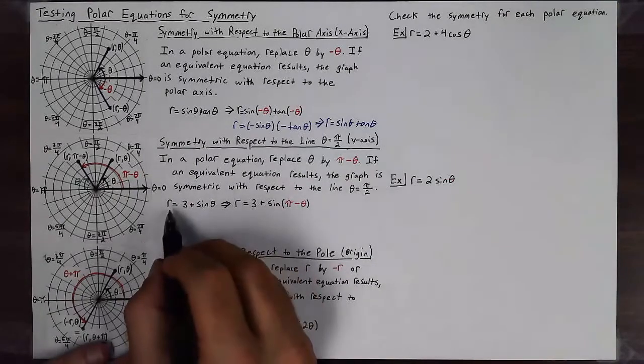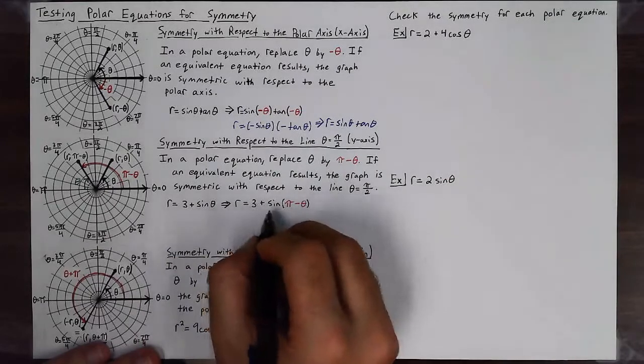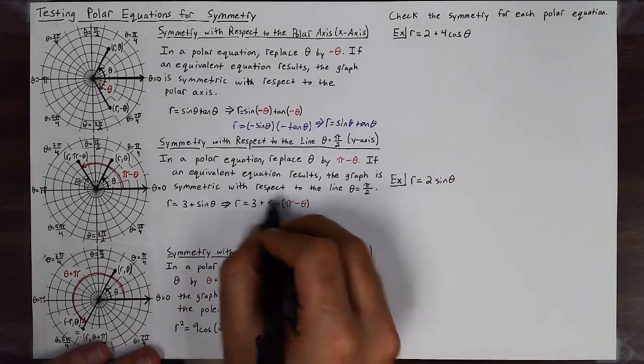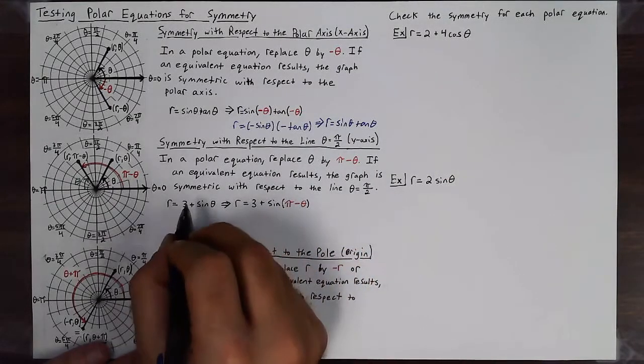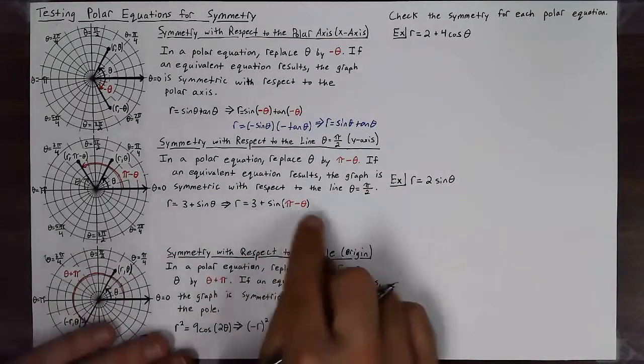So if I have r = 3 + sine of theta, if I replace theta with pi minus theta, I should be able to rewrite this equation to look the same as this one if it is symmetric with respect to the line. So how do we check that?